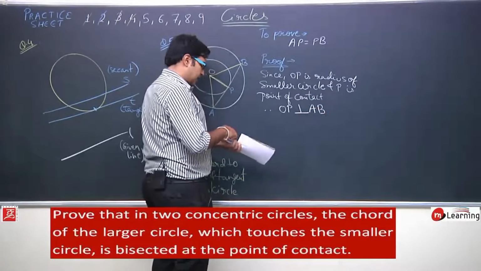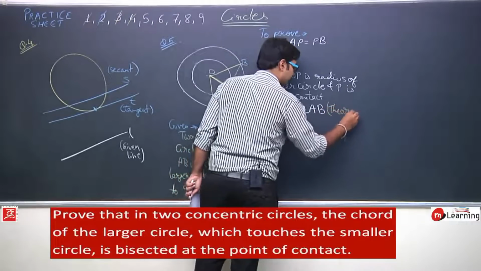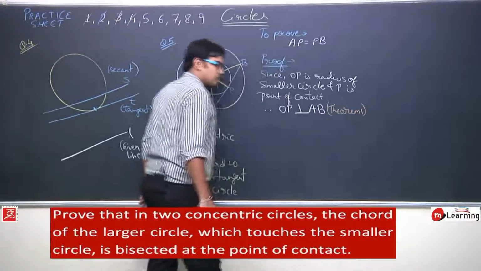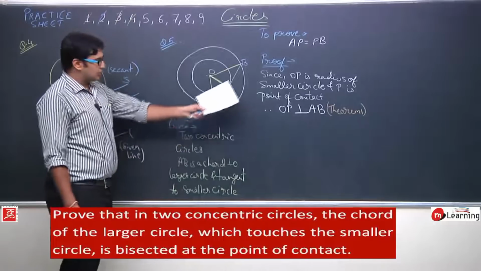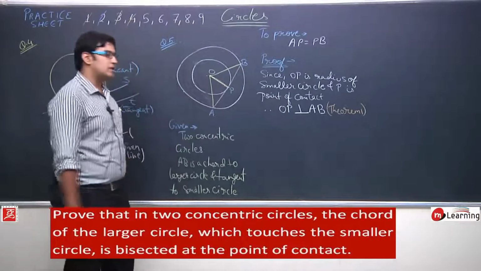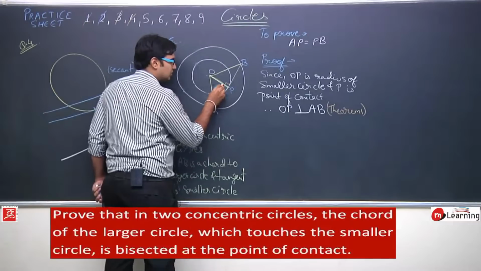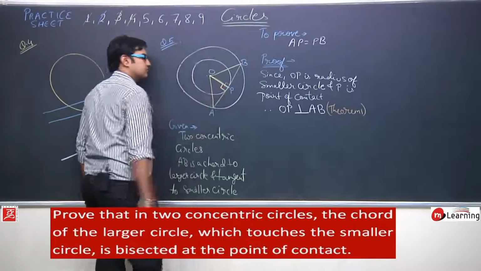And why OP is perpendicular to AB? Because of theorem 1. We have already understood theorem 1. So by theorem 1 I can say that OP is perpendicular to AB. So this angle is 90 degrees and this angle is also 90 degrees.